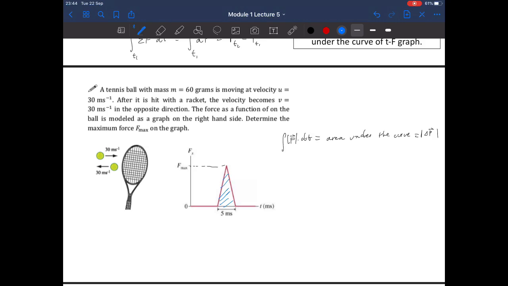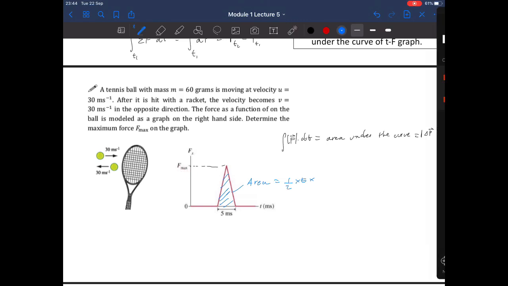The formula for the area of the triangle is just equal to 1/2 multiplied by the length of the base, which in this case is 5 milliseconds, and then multiplied by the height of this triangle, and the height is just F max.